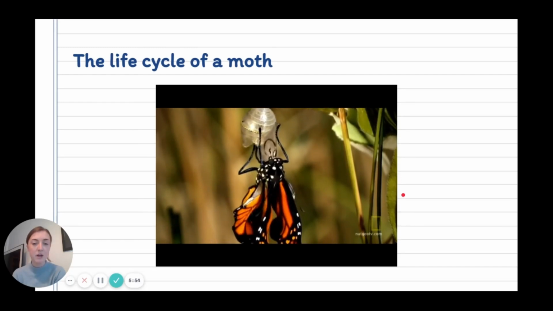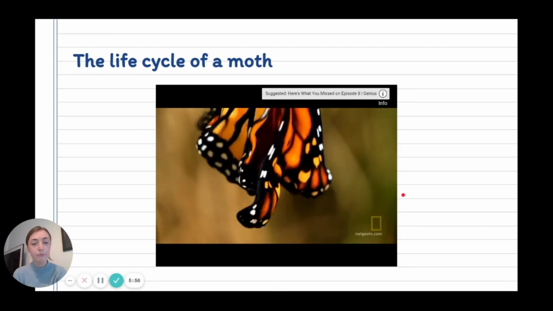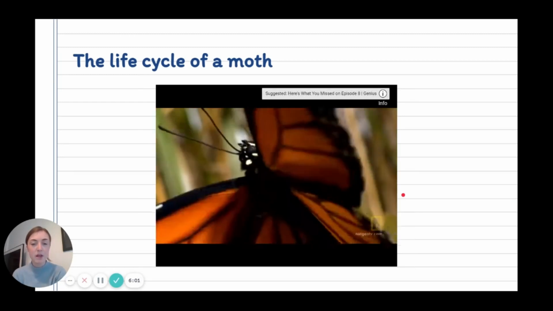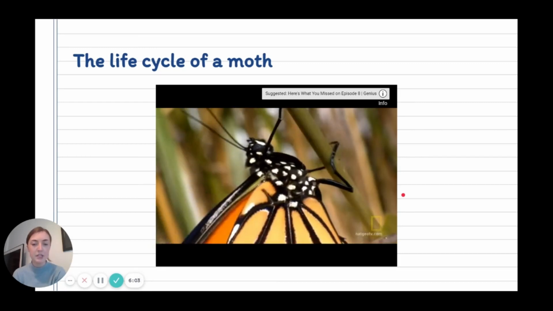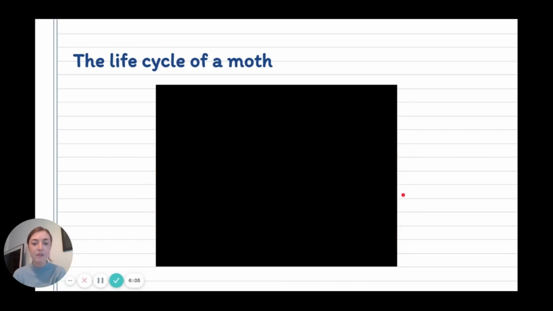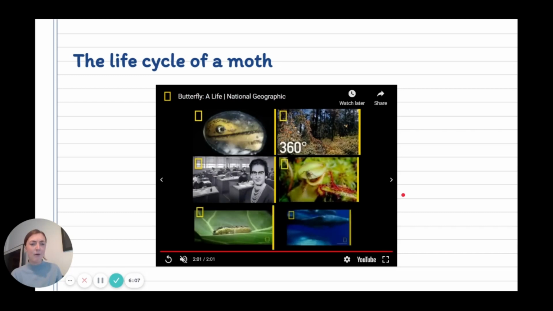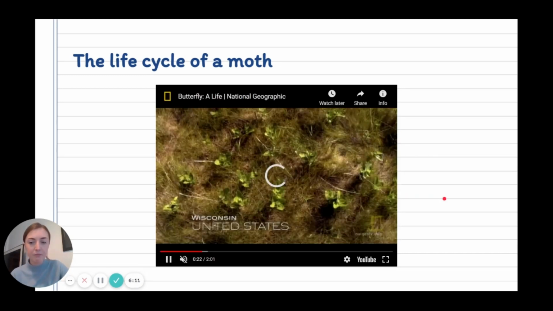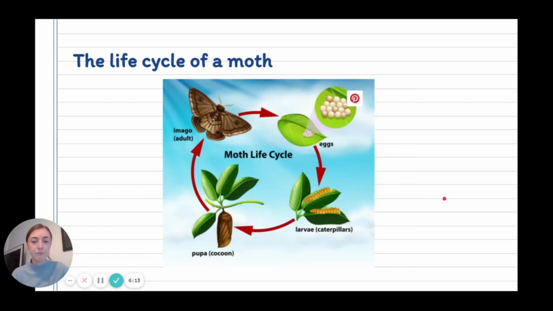It is a butterfly or a moth. So it's learning how to use its wings, getting used to the outside world, and then it can fly away. Wow, wasn't that beautiful to watch? So this is what the life cycle of a moth is.